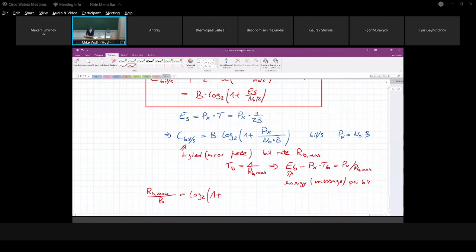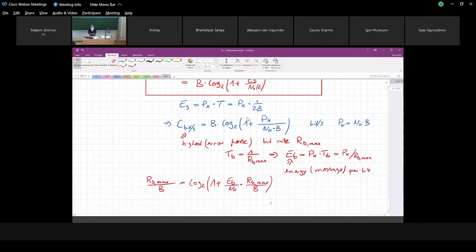Now I can write, instead of Px, EB times RB max, divided by N naught, times RB max divided by B.